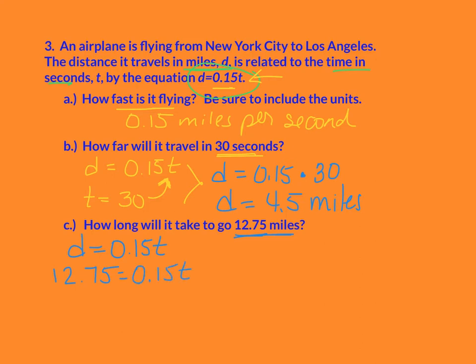0.15t. Hopefully you know how to solve this. I know there's a number next to a variable. That means to multiply. The opposite, of course, of multiplying is dividing. I'm just rewriting it over here so you can see it piece by piece.